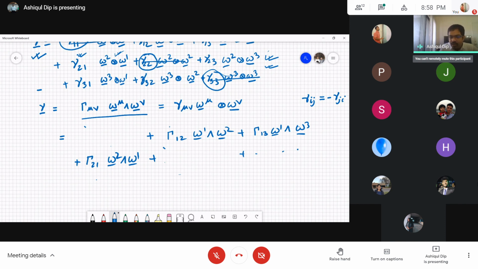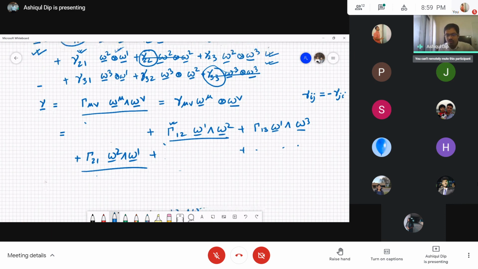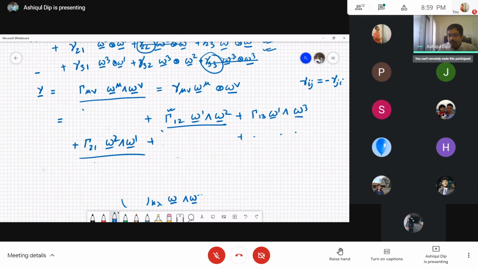Okay, now what should gamma 1 2 be? If you expand this term and that term, you should get similar terms, and from other terms you do not get any of these. Do you know what I mean? These two bases are dependent: omega 1 wedge omega 2 is equal to the negative of omega 2 wedge omega 1.